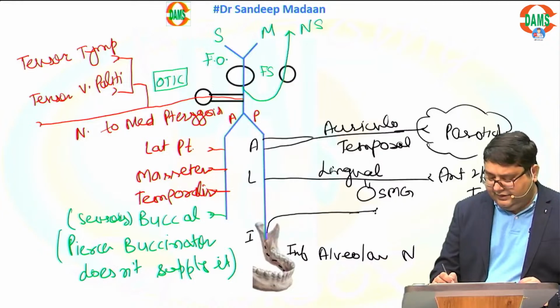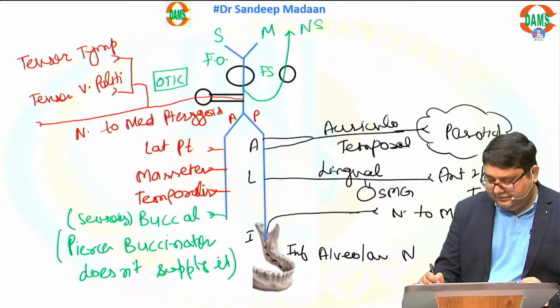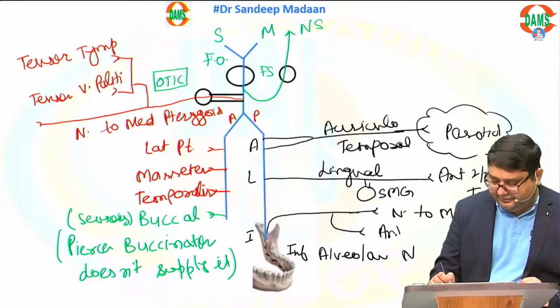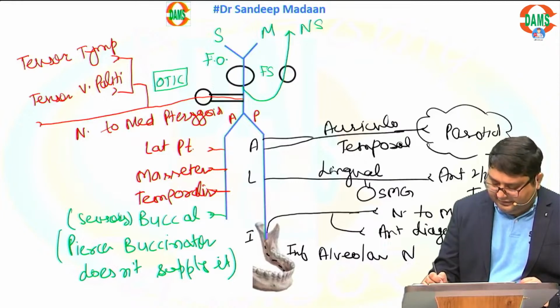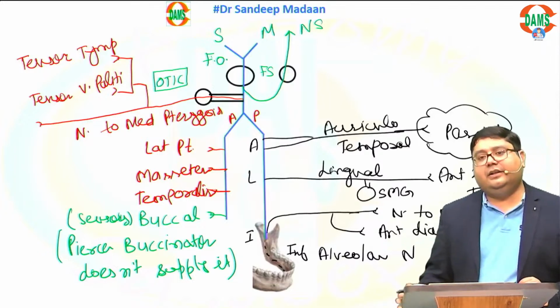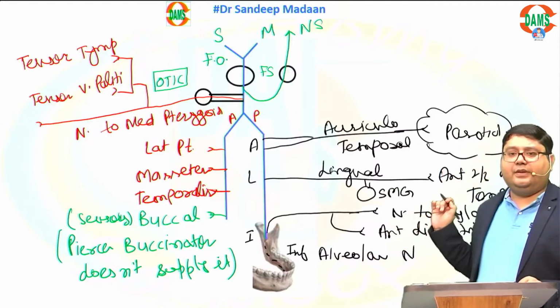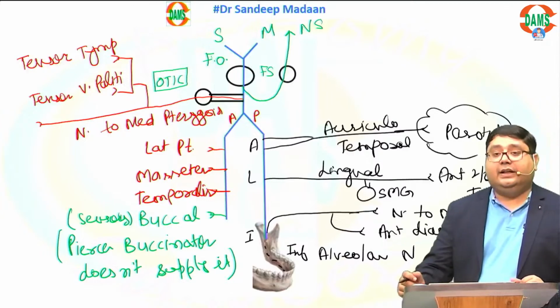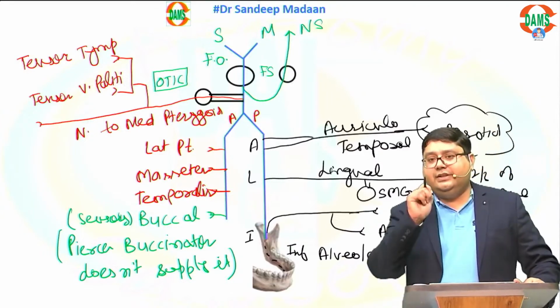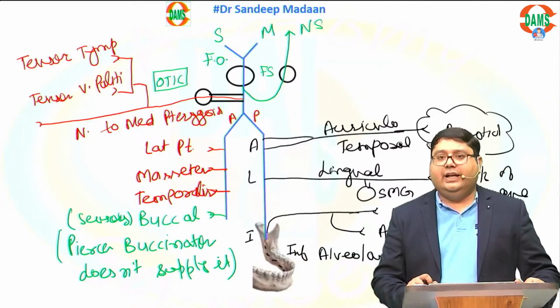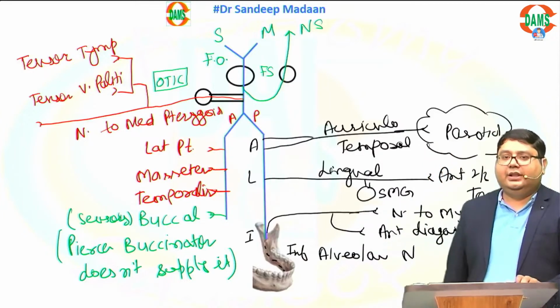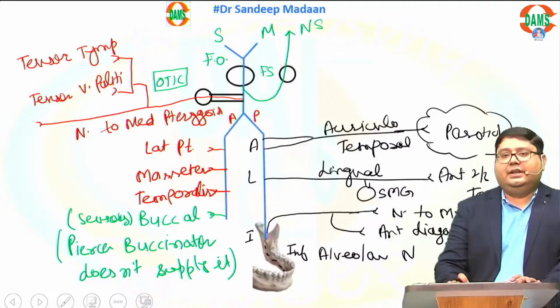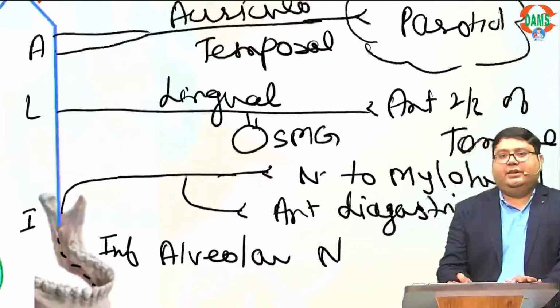The branch is nerve to mylohyoid, which will also supply anterior belly of digastric. Anterior belly of digastric. Okay. And the answer to this question is anterior 2/3 general sensation will be carried by the lingual nerve and the taste sensation will be carried by the chorda tympani nerve. Making sense? So this is what we have learned.